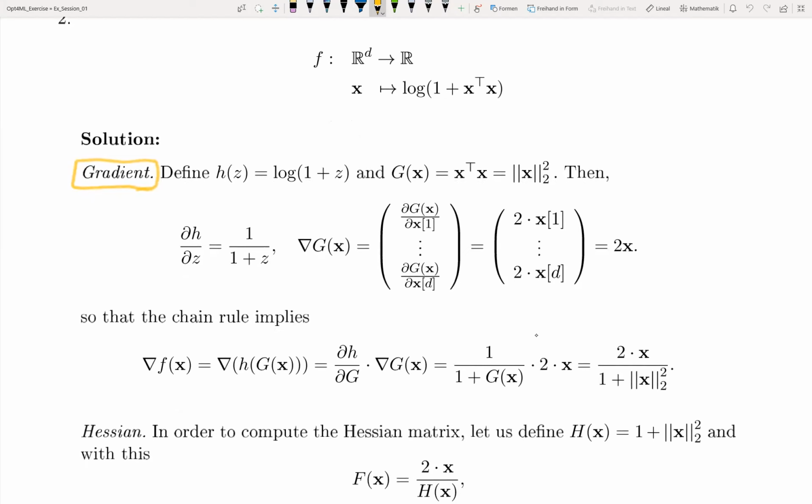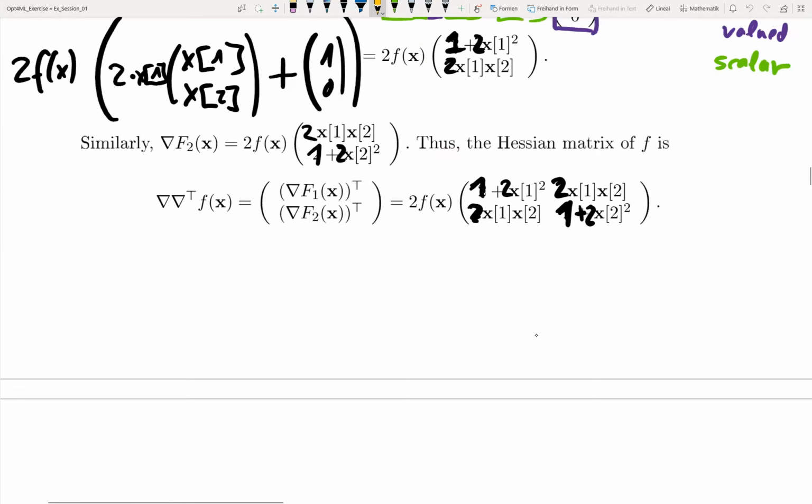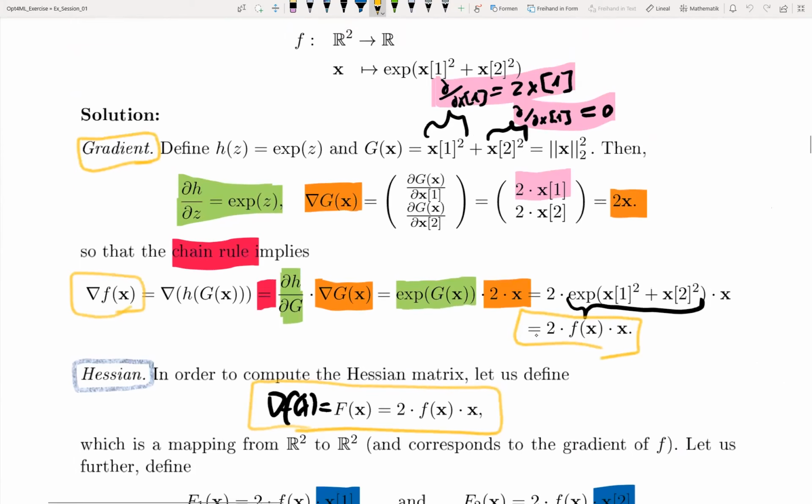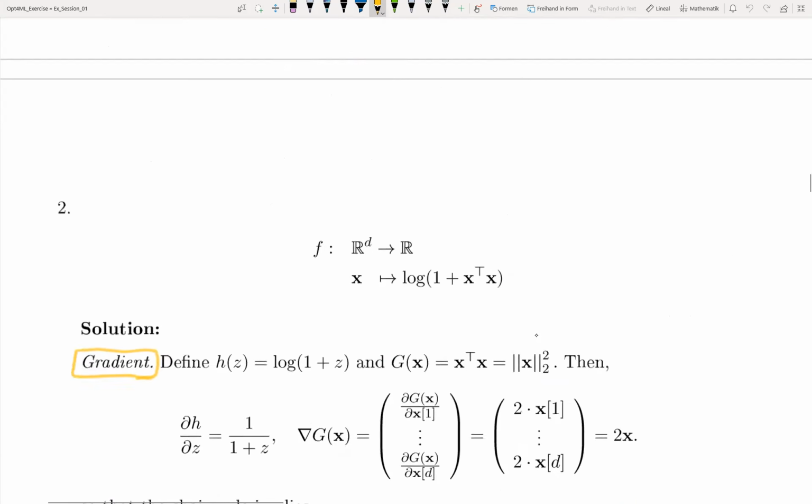All right. So what is the gradient or the derivative of this outer function h? The derivative of logarithm 1 plus z is 1 divided by 1 plus z, where you essentially already apply the chain rule. Have to be very rigorous, but all right. And the gradient of g, we can do the same argument as before. This is why I gave here the side remark that we could also do the same by summing up the d components, squared.